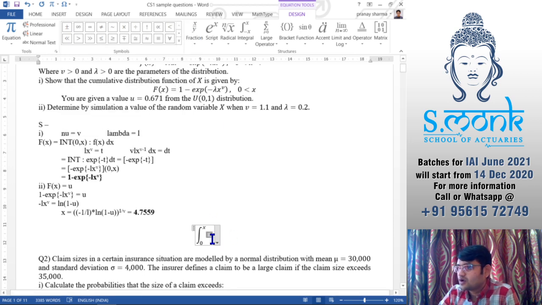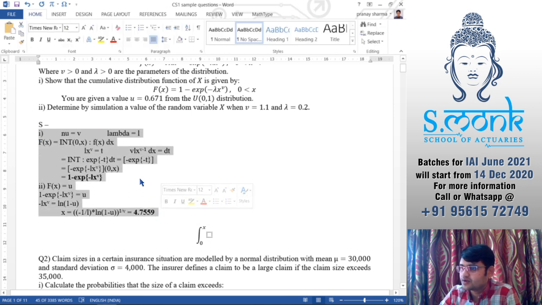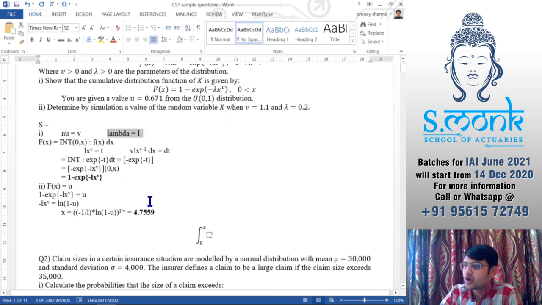Or like this, I have written without any help of equation editor. So I have defined nu first with v, lambda with l, and I have solved it accordingly. So you can see this 1 minus exp minus lambda x raised to nu, that is what I am getting here.